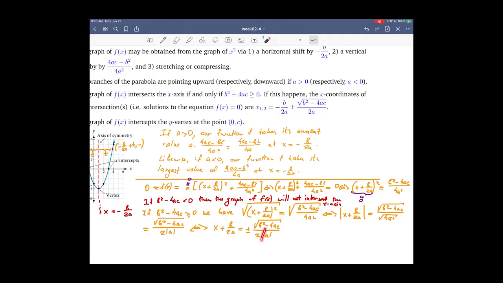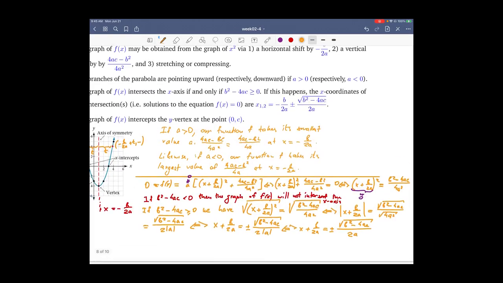Right? Because the absolute value of a is either positive a or negative a, so you end up with plus or minus this expression without the absolute value. So I can write that x plus b over 2a equals plus or minus the fraction root b squared minus 4ac over 2a.